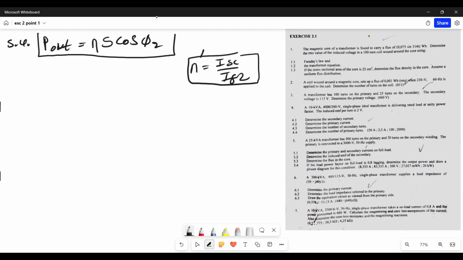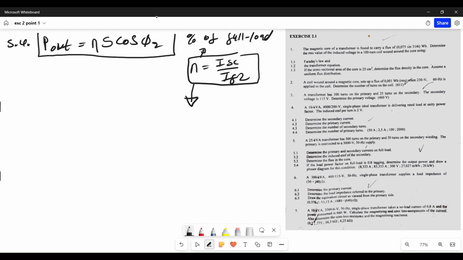This n, I like to call the percentage of full load, because this n tells us how much of the load current is flowing inside the coil.